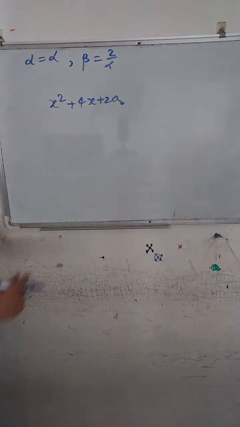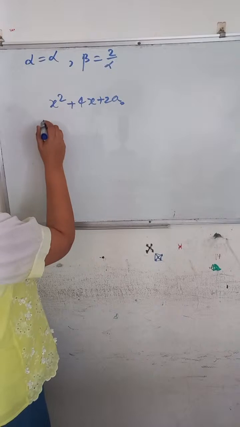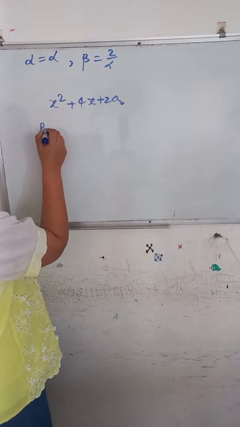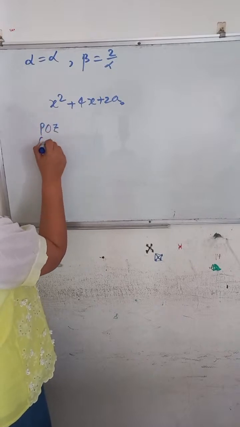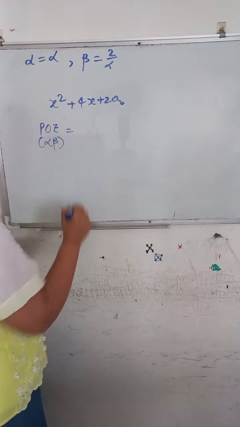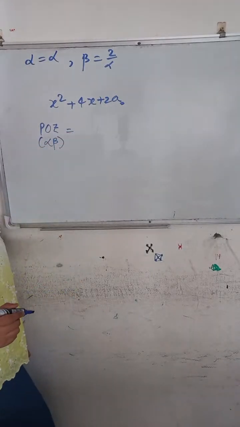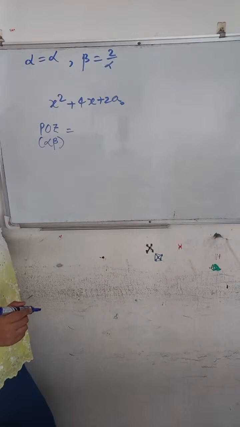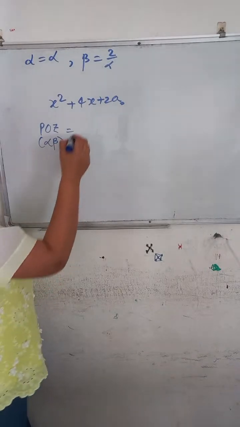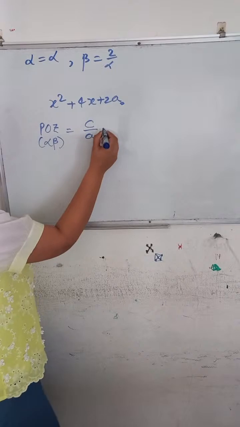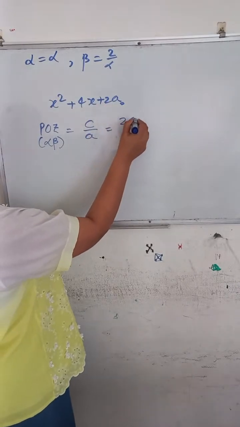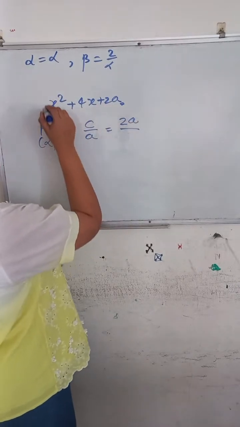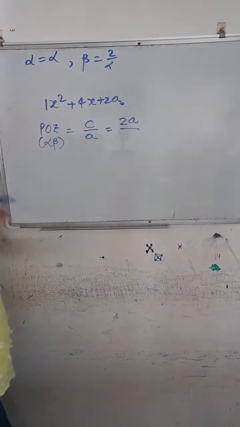Okay, a is lying in the constant term, so I take the product of zeros, that is POZ, that is alpha into beta. Yesterday we learned the formula: product of zeros is nothing but constant by coefficient of x square, that is c by a. C is twice a, divided by the x square coefficient, which is 1.